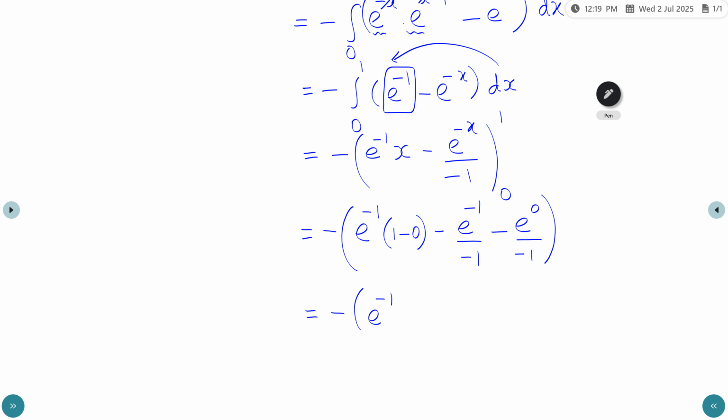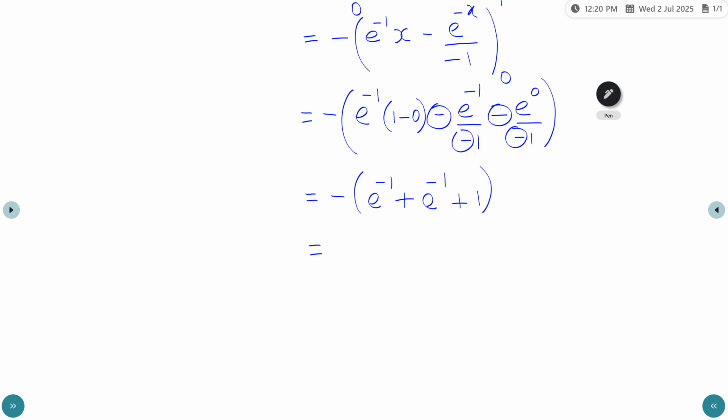So minus, minus gets plus e power minus 1. So minus plus, any number power 0 is 1. That is upper limit minus lower limit. Again there is a minus, so this gets plus.